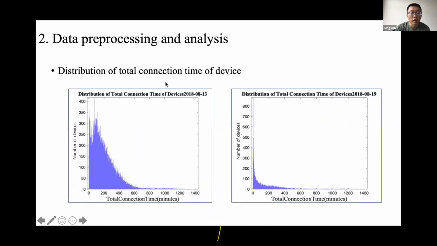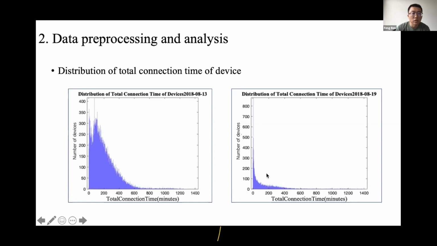Next, we analyze the distribution of total connection time of a device, which means how long a device uses Wi-Fi for a whole day. On work days, the total duration shows a bimodal distribution. It peaks around 10 minutes and 1 hour respectively.